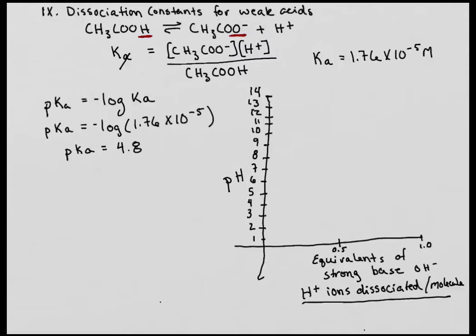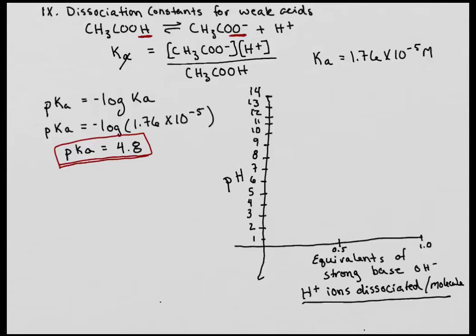So what we can recognize is that we can draw a titration curve that shows the species that exists at particular pHs. At a very, very low pH, at pHs that are below the pKa value for this acid, the acetic acid will maintain its acidic proton.